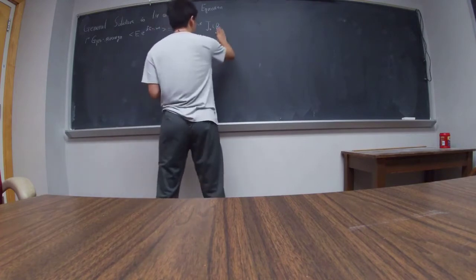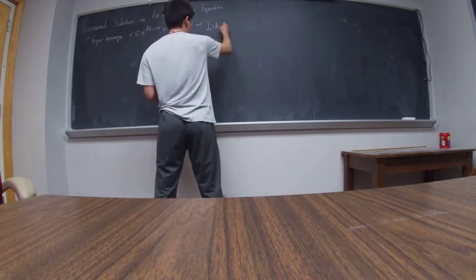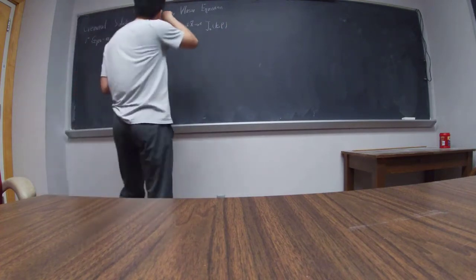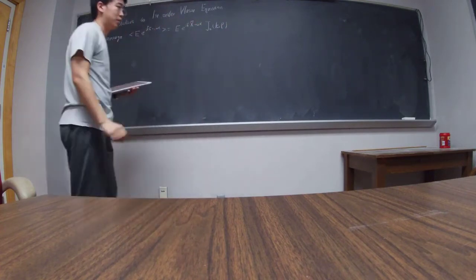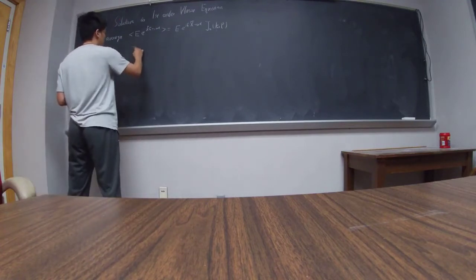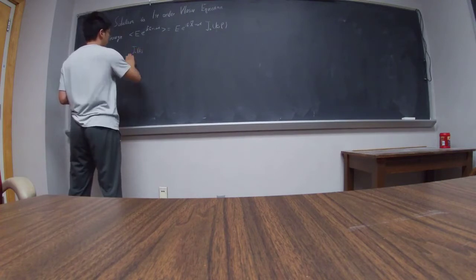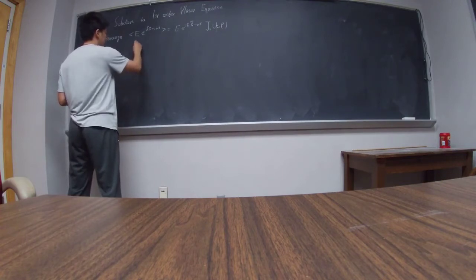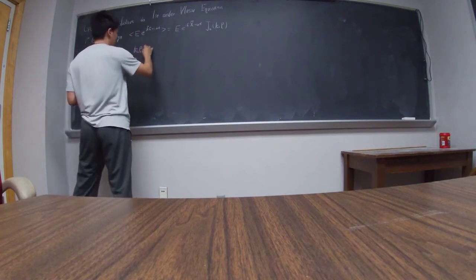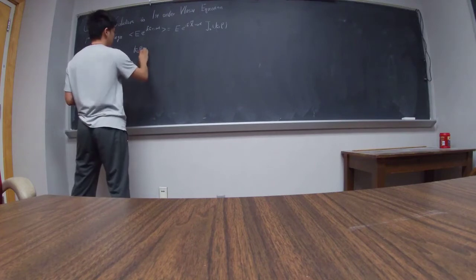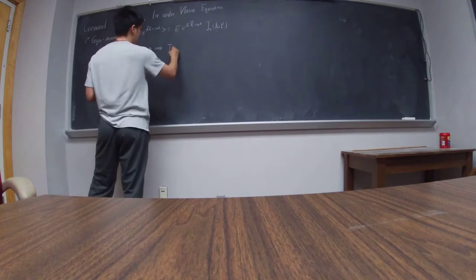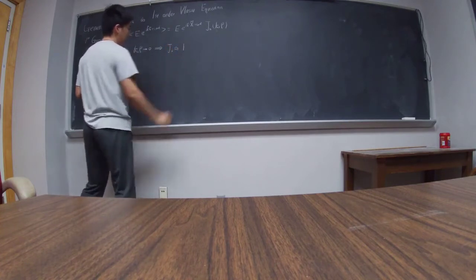Here is K perp, rho is the gyro radius. For most fusion devices, the J naught of K perp rho is roughly 0, so J naught is roughly 1.